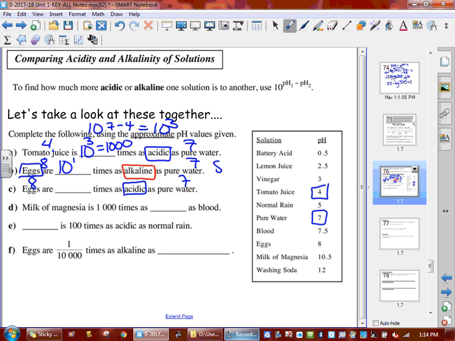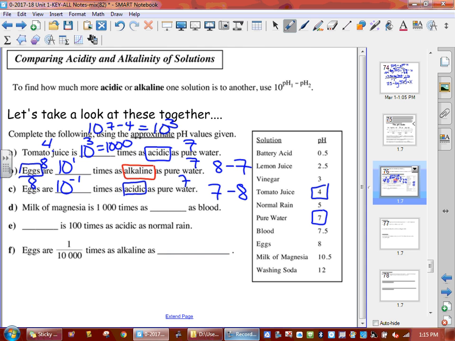Because these guys are less acidic than pure water. Okay? These guys are more alkaline. We know that. They're 10 times more alkaline. So that means if we're comparing to acidity, we have to start with the acidity guy. We have to start with the 7. So it's going to be 7 subtract 8. So it's going to be 10 to the negative 1, which is 1/10. Okay? So 1/10.